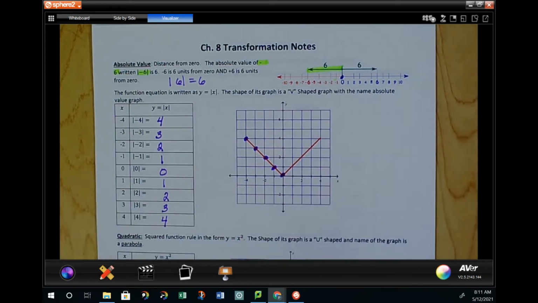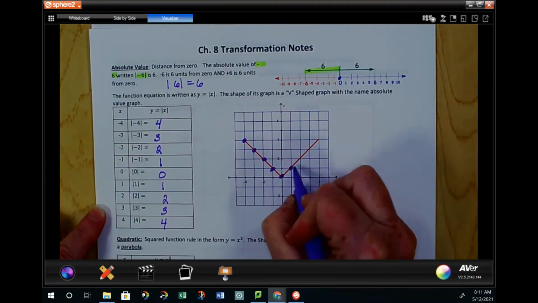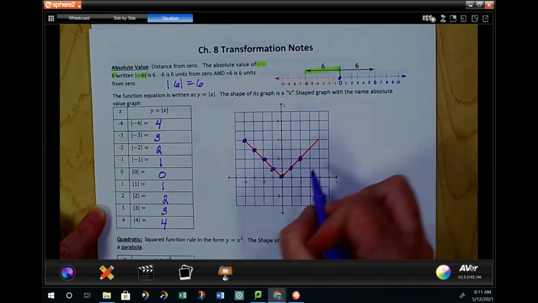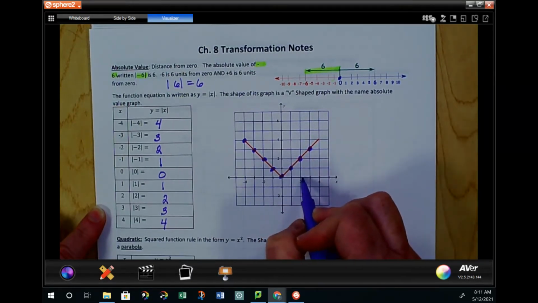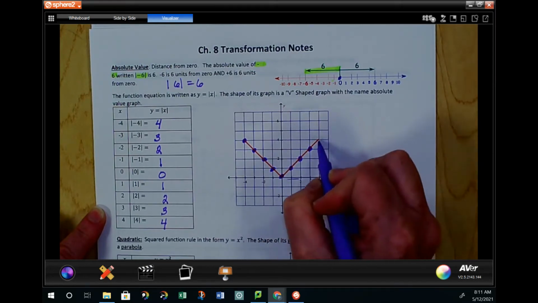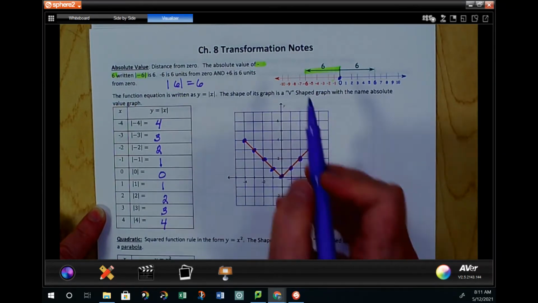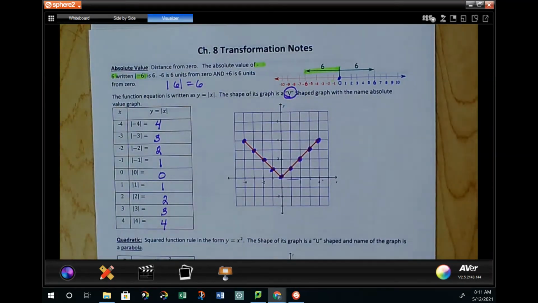Now this goes back the other way: over 1, up 1, over 1, up 1, over 2, up 2, over 3, up 3, and over 4, up 4. So this makes the shape of a V. That absolute value graph is called a V graph.